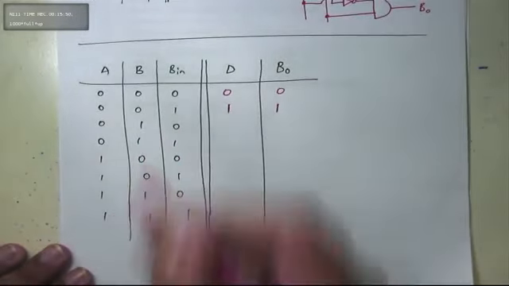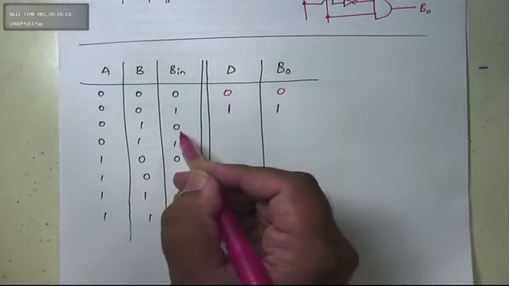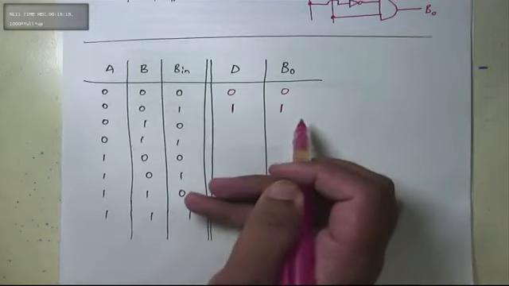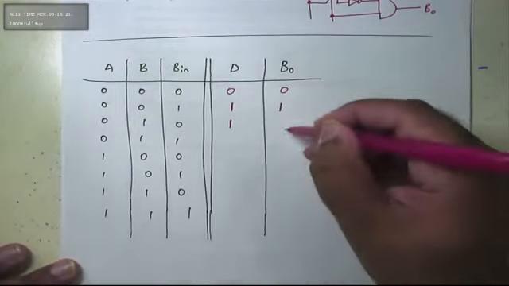Now, 0 minus 1, right, what is our interim answer? 0 minus 1 will be difference of 1 and borrow of 1. Now, we're going to minus a 0 from that, not a 1. 0 minus 1 is 1, 1, right? Difference of 1 and borrow out of 1. Minus 0, no changes, so you'll still stay at 1, 1.